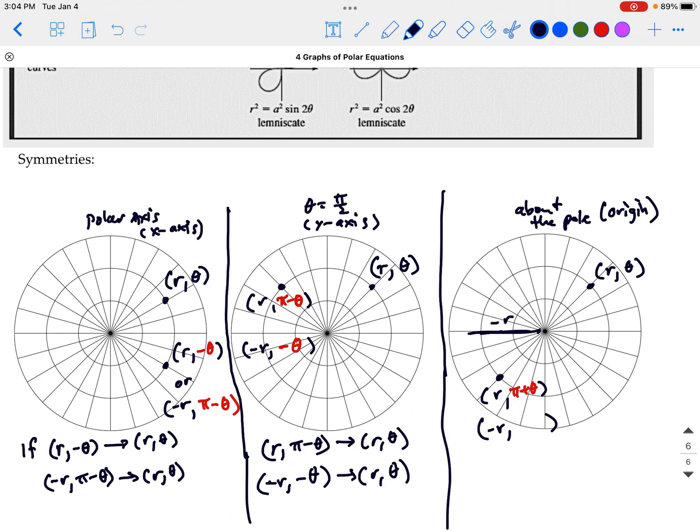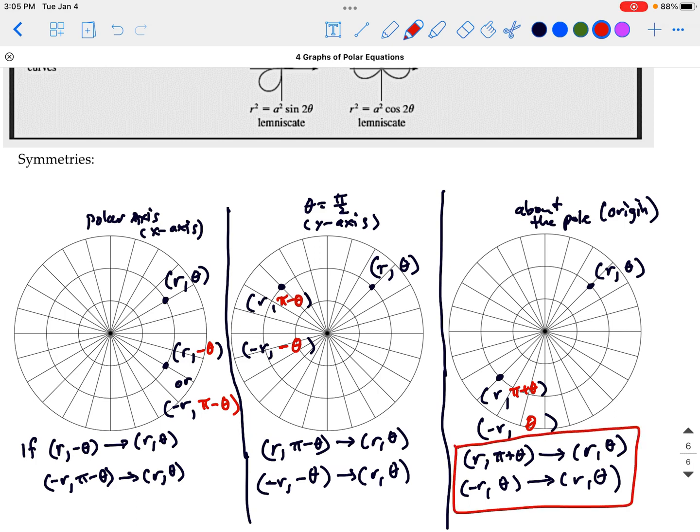And then if I measured in the negative direction first and then rotated, that's just going to be negative r, theta. So we're going to get r comma pi plus theta to r theta, or negative r theta to r theta. So again, there's two checks that we're going to need to use in any given case.